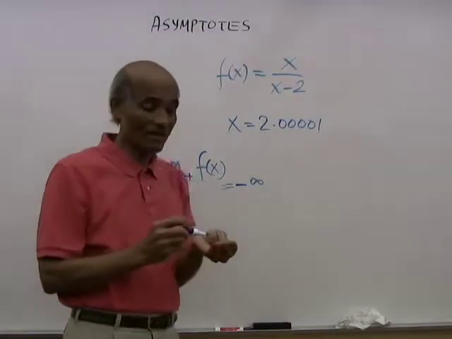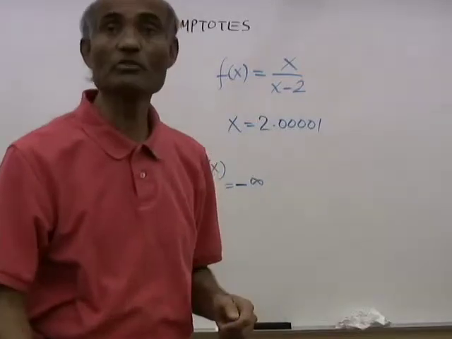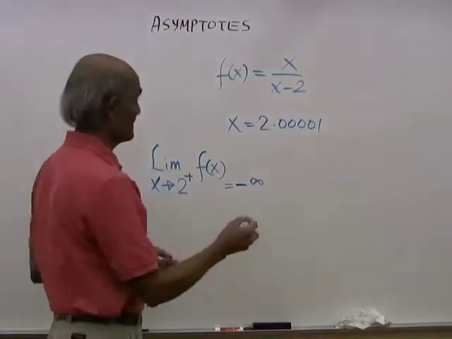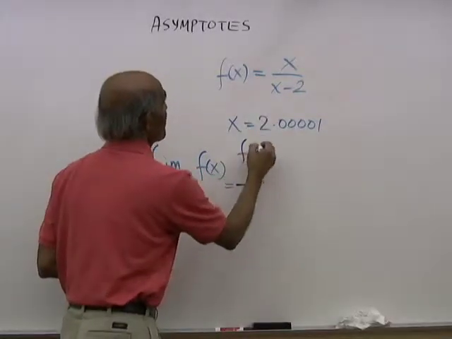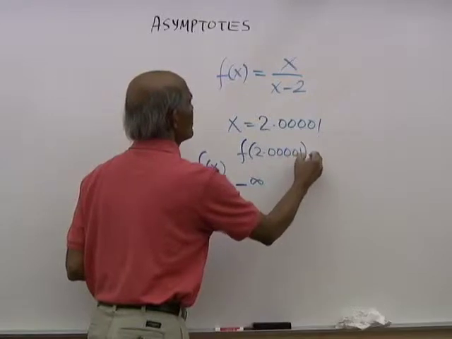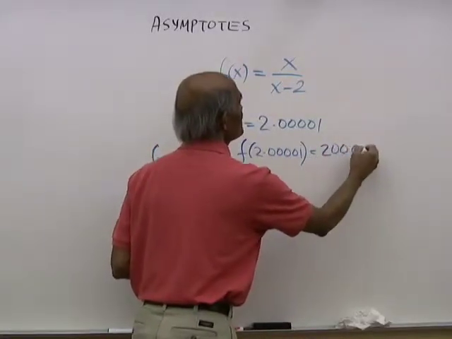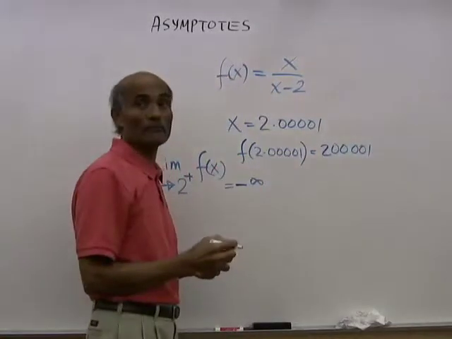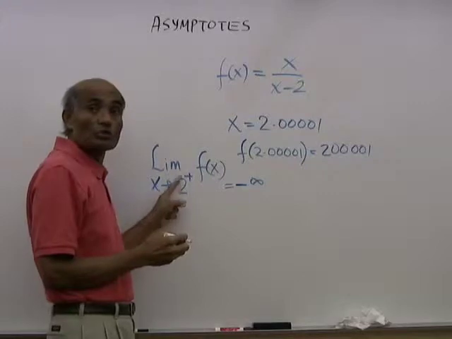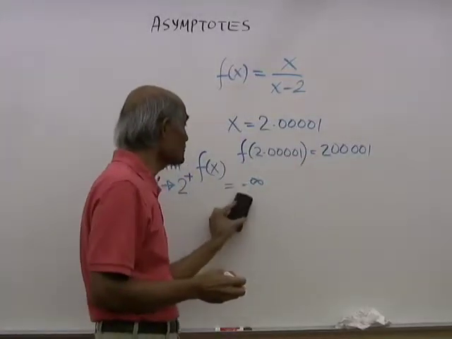Tell me what that value is when x equals 2.00001. f of 2.00001 is actually 200,001. So when x gets closer and closer to 2 from the right, f of x goes to positive infinity.